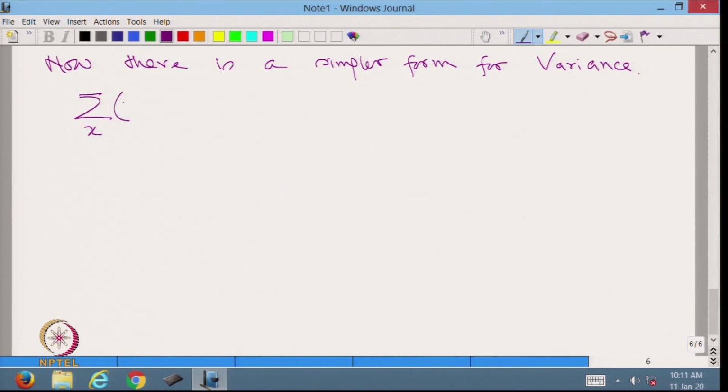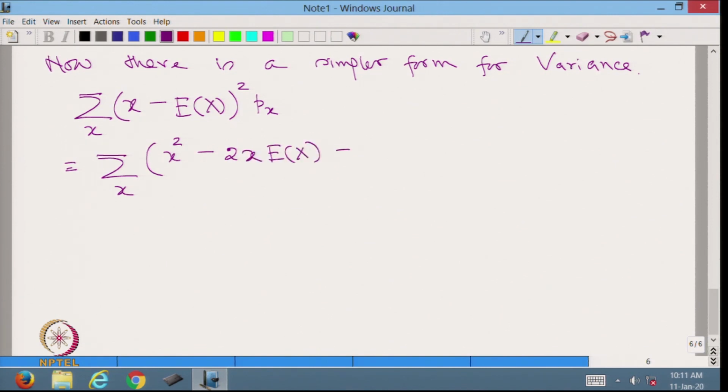Sigma over x of (x minus expected value of X) whole square p(x), we can write as sigma over x of (x square minus 2x times expected value of X plus expected value of X whole square) times p(x).